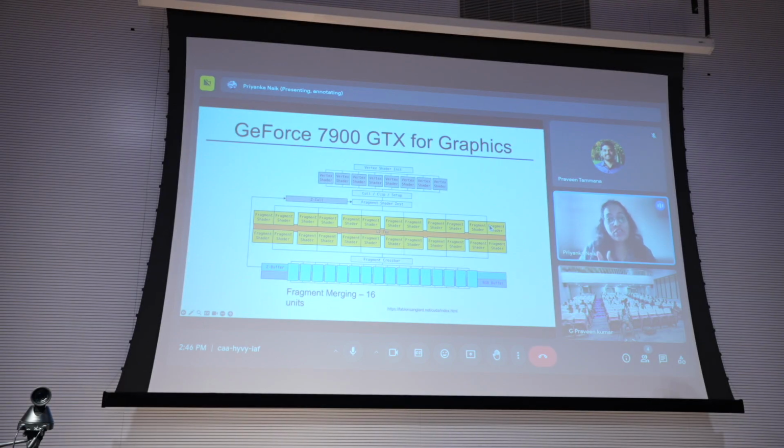And this was challenging from a hardware perspective because every time there was a software upgrade, it required reconfiguring the pipeline itself. Like you can see, there are fragment shaders, there are vertex shaders, and there was no concrete unit that could be identified for these architectures.